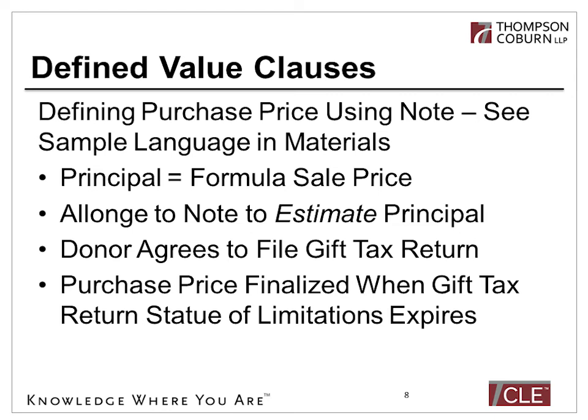And the fair market value is finally determined for federal gift tax purposes on the transfer value on the date of the sale according to the valuation principles under the gift tax regulations. Seller agrees to file a gift tax return reporting this transaction so as to cause the gift tax statute of limitations to run. So we know that there's going to be a gift tax return filed. We know the statute of limitations is going to run.